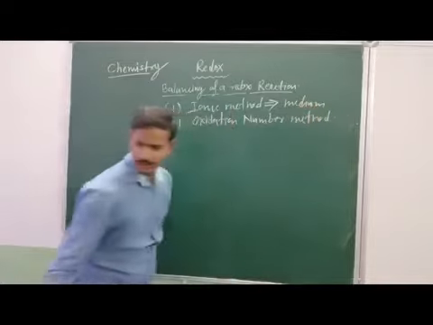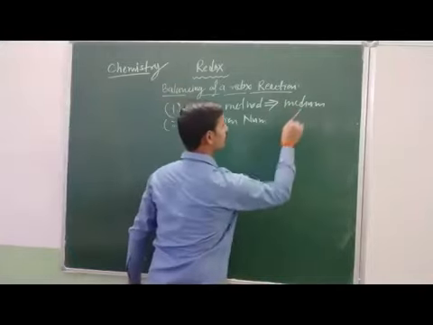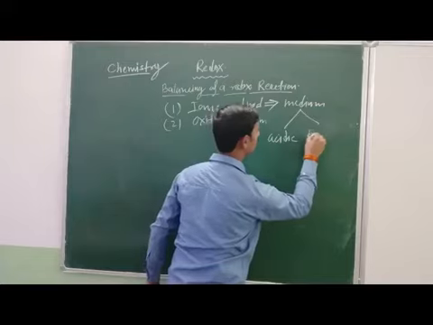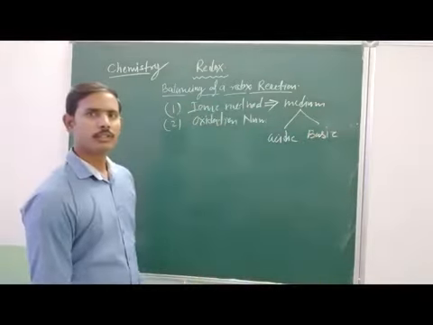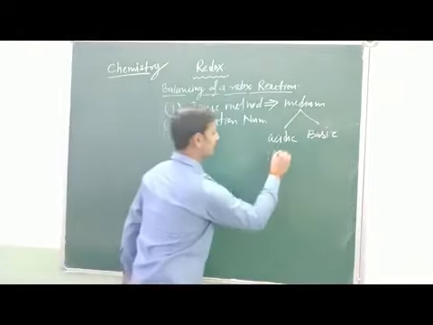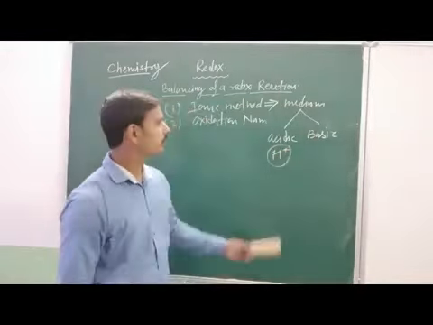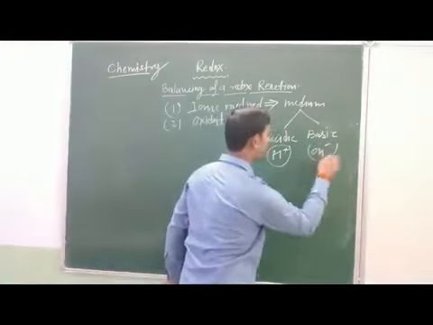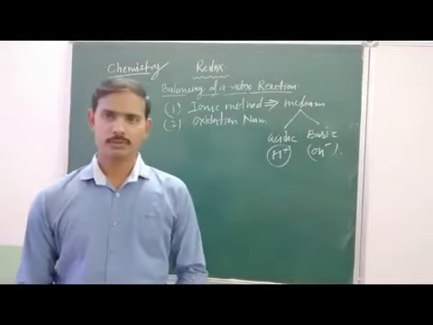The medium may be either acidic medium or basic medium. If in a reaction the presence of H+ is found, that is known as acidic medium. Whereas if OH-, that is hydroxyl ions, are found, that is known as basic medium.